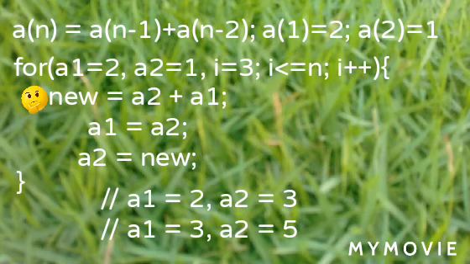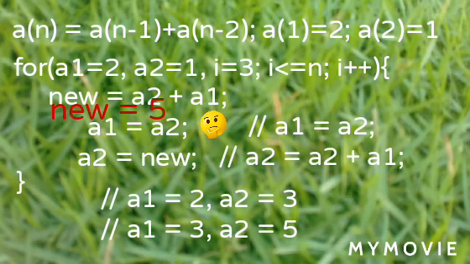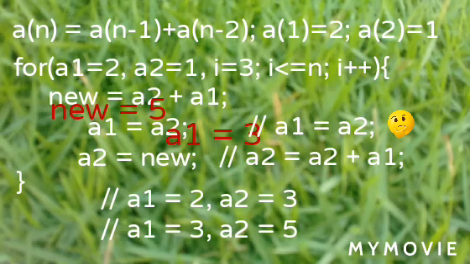The result therefore, new is 5. While in the code where a sub 1 is equal to a sub 2, the value of a sub 1 there will be 3. Then in the next line of the code of the first example, a sub 1 is equal to a sub 2. So a sub 1 is 3.